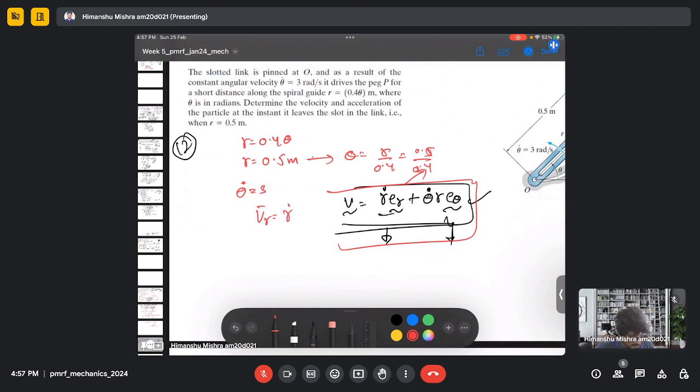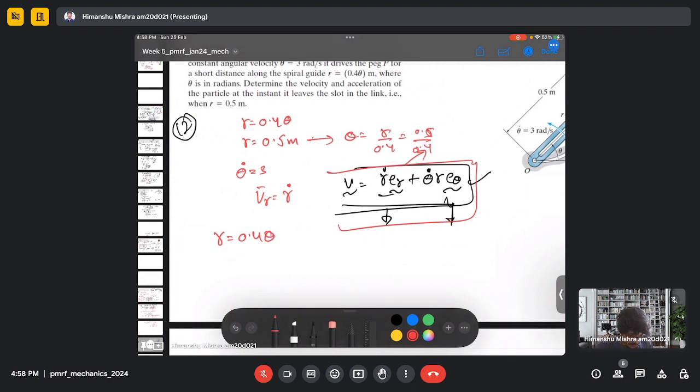vr will be r dot. And my r is 0.4 theta, so my r dot will not be 0 this time. So if I take the derivative with respect to time, it will be 0.4 theta dot.